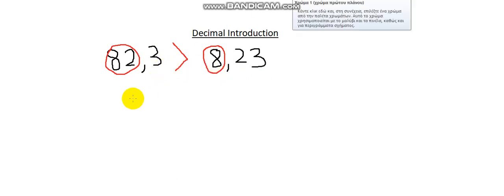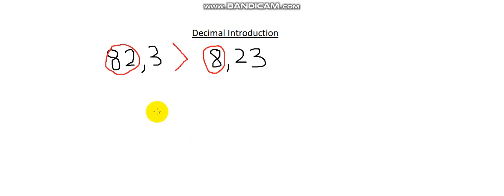But what if the part that's in front of the comma is the same? Like, what if I have 9.45 and 9.7.